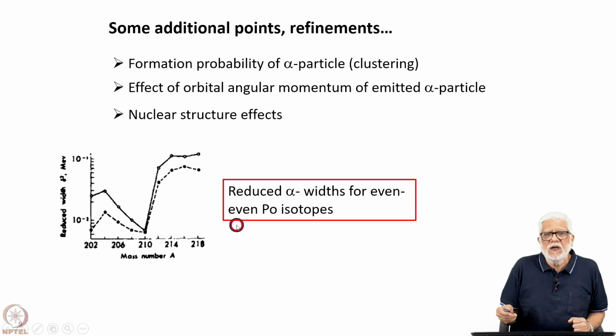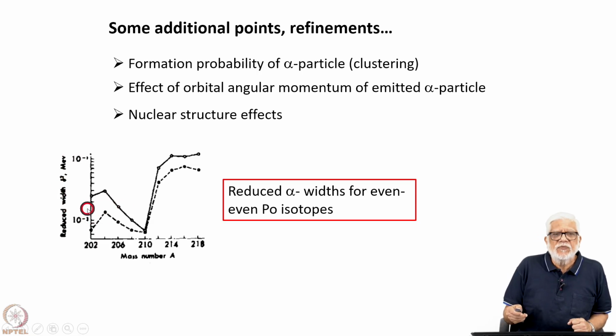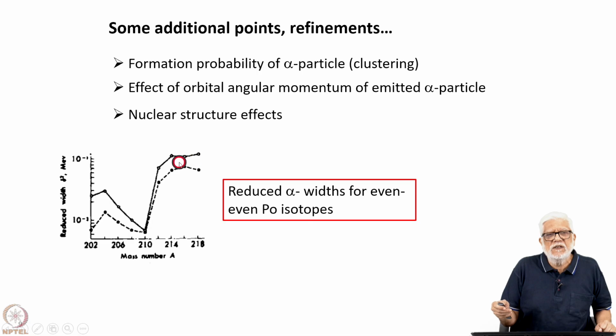And so in this case, for instance, you see the reduced width for alpha emission. This basically takes out the statistical factors. Then you can see that in this region, 202 to 218, note that this is a logarithmic scale, so it decreases to 210, but then when you go to 212, because then you can decay to the lead-208 nucleus, it increases, okay, and then it stays like that.